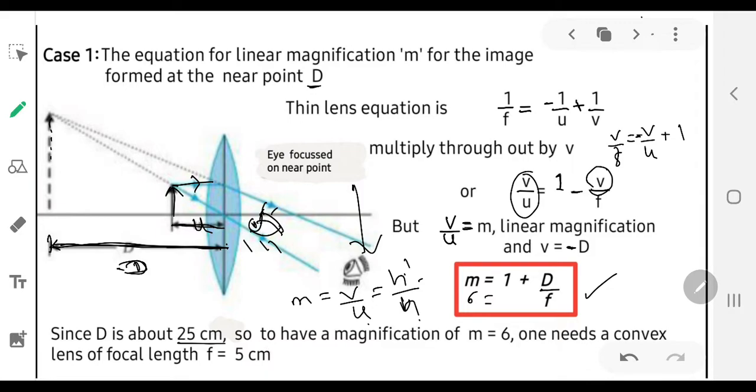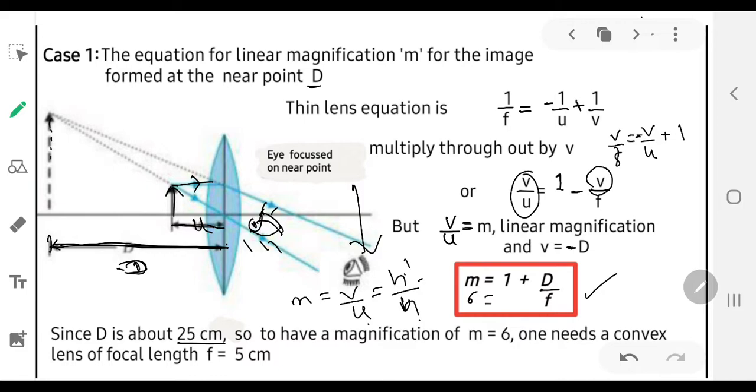If you manufacture a convex lens of focal length 5 centimeter, the m value will be 6. That is, the image formed by the convex lens, or the simple microscope, is 6 times larger than the object.